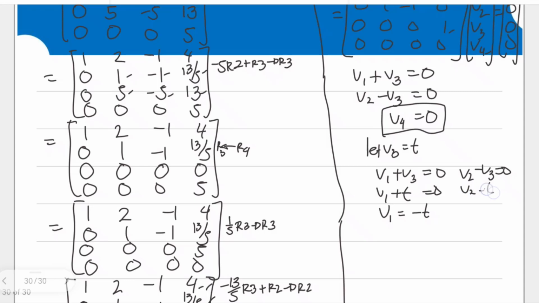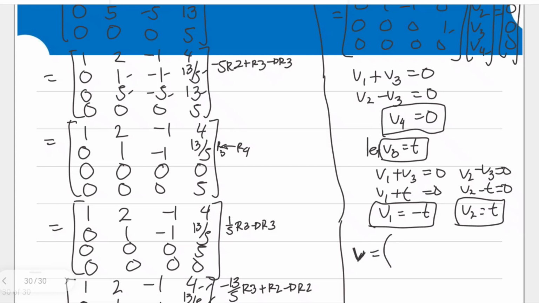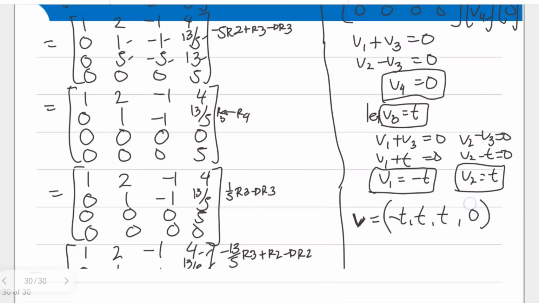V sub 2 minus t equal to 0. V sub 2 is positive t. Okay. With this, our vector in R4 is negative t, positive t, t, and then 0. Okay? Because that's the only exact result.